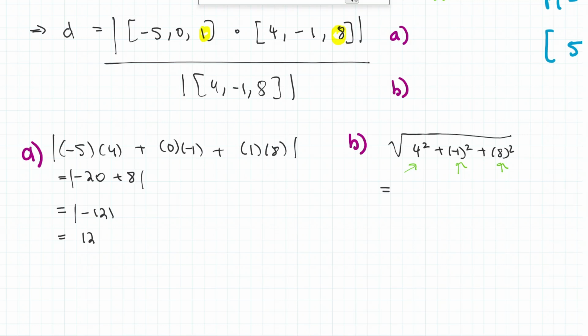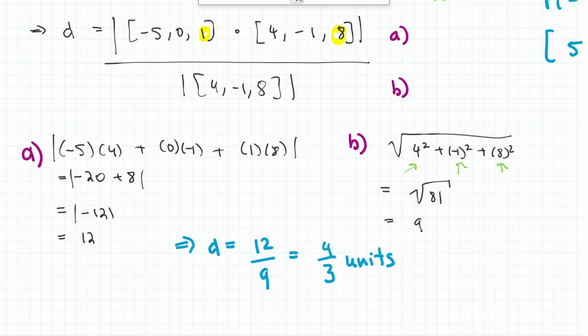This gives us root of 81, and root of 81 equals 9. Let's put this all together. D equals 12 over 9, which can be simplified to 4 over 3 units. And that is our distance between our point P1 and our plane.